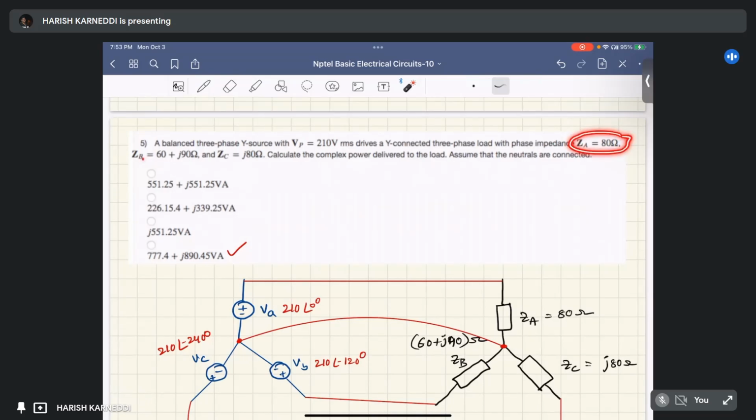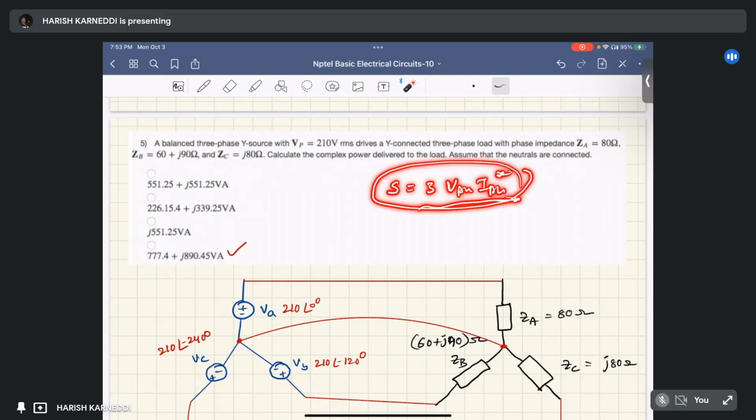Here all these loads are unbalanced loads. Why? Because all of them have different impedances. So we cannot write S equal to 3 into V phase I phase conjugate, because these are unbalanced loads. We have to find the S for each phase.